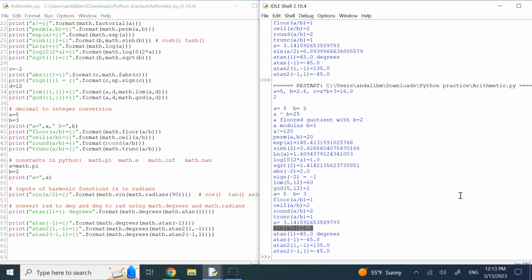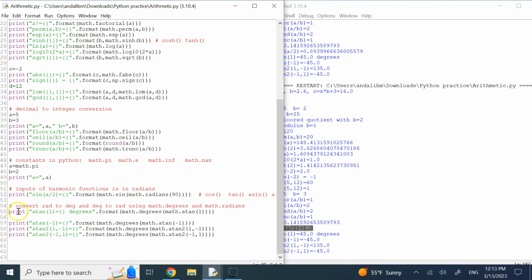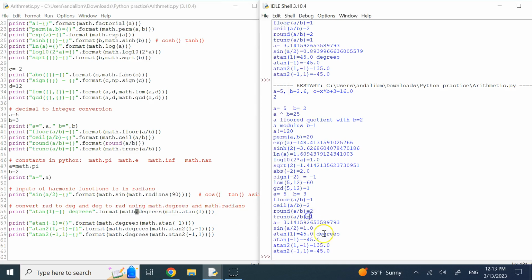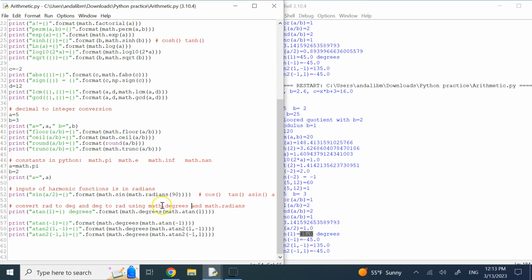And then, for example, if you want the output of the arctangent function, if you say what is arctangent of 1, the answer it gives you is going to be in radians, but if I use the math.degrees function, I'm going to convert those radians into degrees, so the answer is going to be 45 degrees. Otherwise, the number is going to be pi, which is 3.14, divided by 4, so it's 0.7 something.